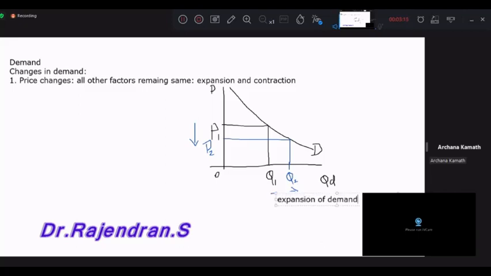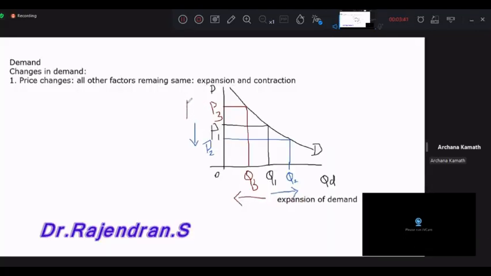Expansion of demand takes place when price falls, due to the decline in price, the consumer purchases more of it. And the opposite can also happen. When price is higher compared to the expected price, the consumer will tend to purchase less of it. Okay, this is in the opposite direction.